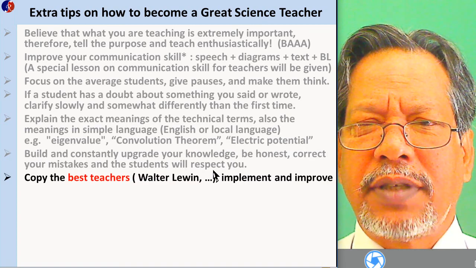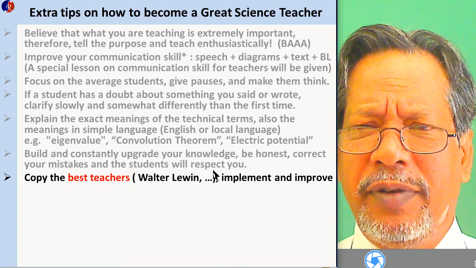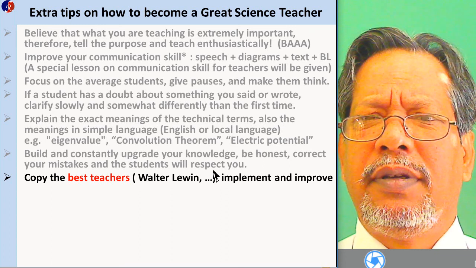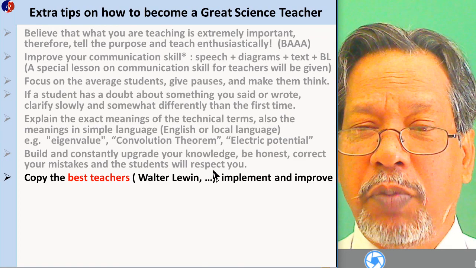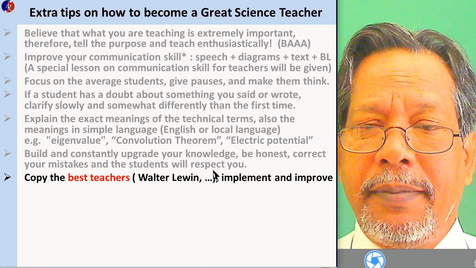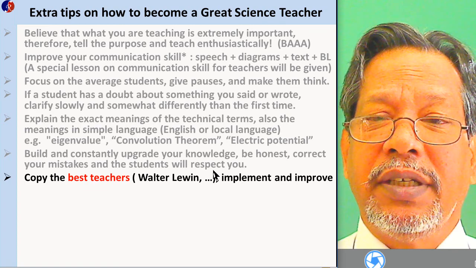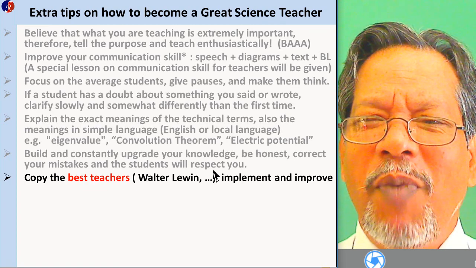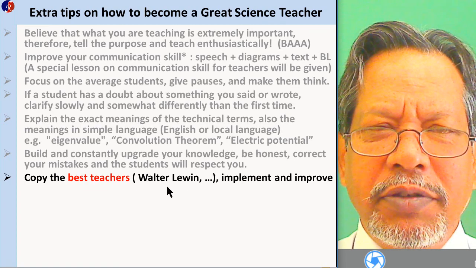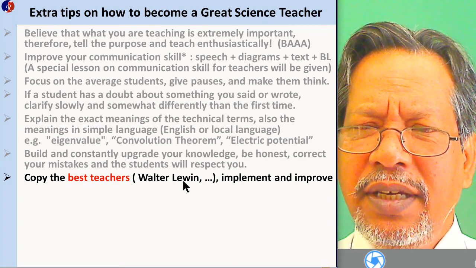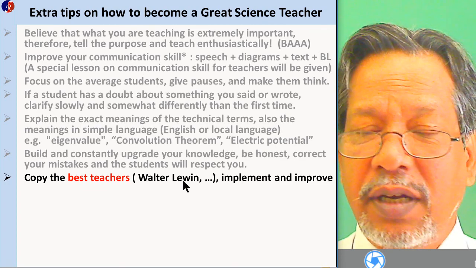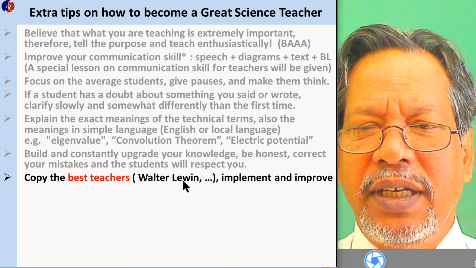Copy the best teachers. I'm not the best. I know it. I'm a good teacher. I think my students understand. They can apply what they learn and create new things. I've done it many times. Still, there are teachers who are much better than me. Walter Lewin, for example, from MIT. Look at his videos, how he teaches. Copy some of them. You cannot copy everything he does.